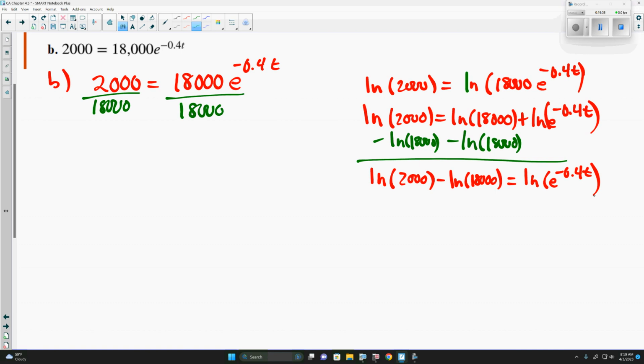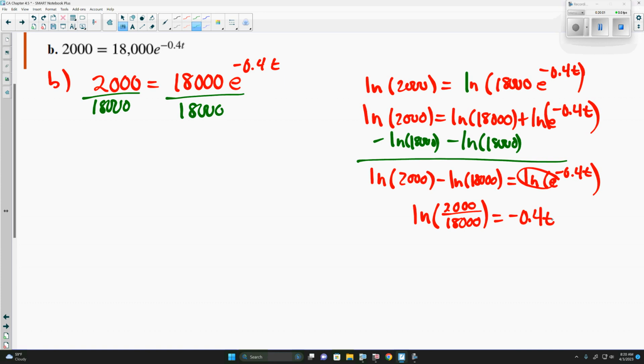Because if we have two things multiplied together inside the log, we can rewrite them as addition. Also, if we have two logs being subtracted, we can rewrite it as division. And then this side here, ln of e is 1. So it gives us this here.